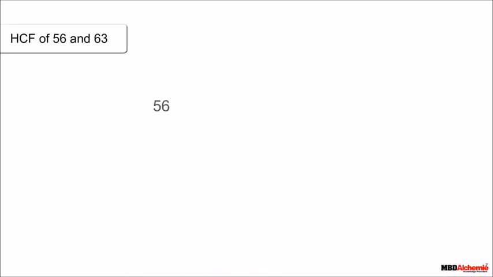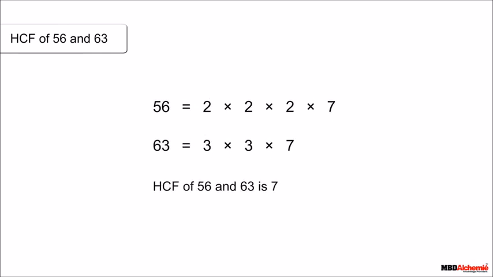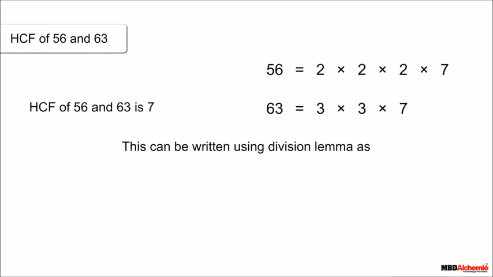We can say we use division to find HCF of 2 numbers. For example, HCF of 56 and 63 is 7. This can be written using division lemma as 56 is equal to 7 into 8 plus 0 and 63 is equal to 7 into 9 plus 0.